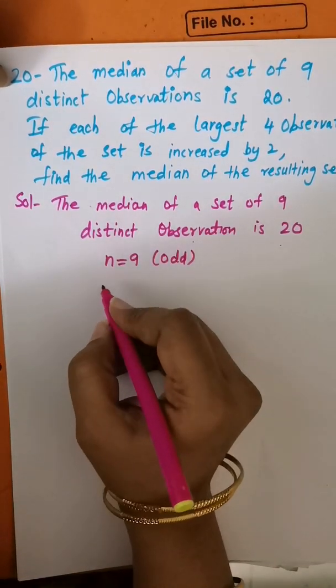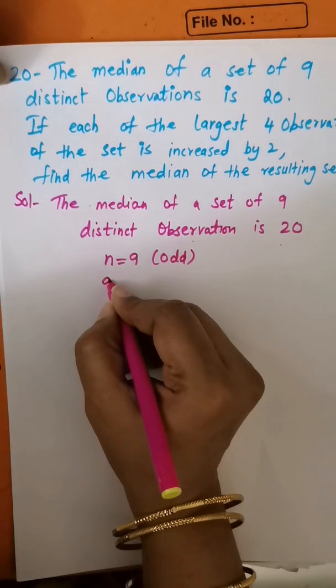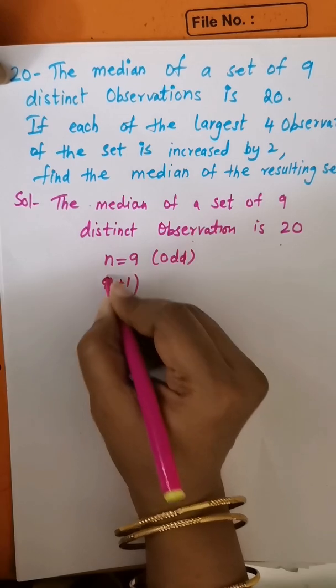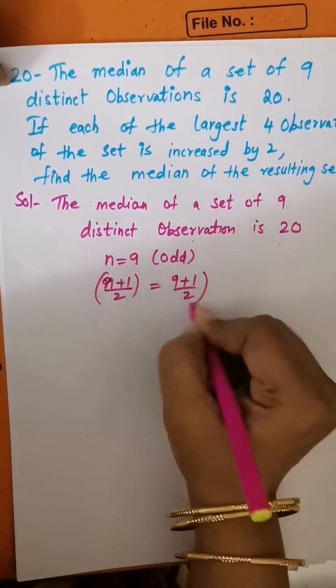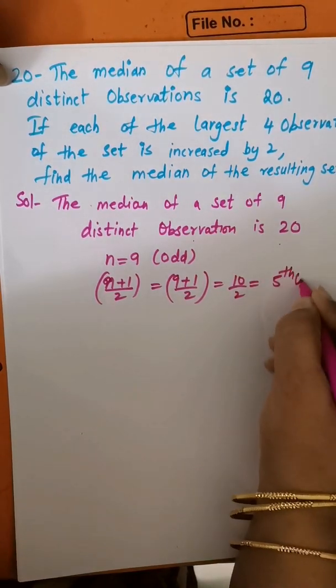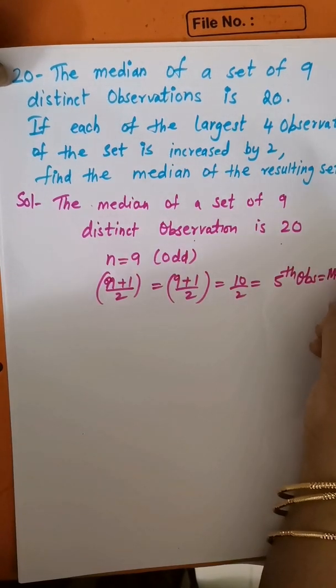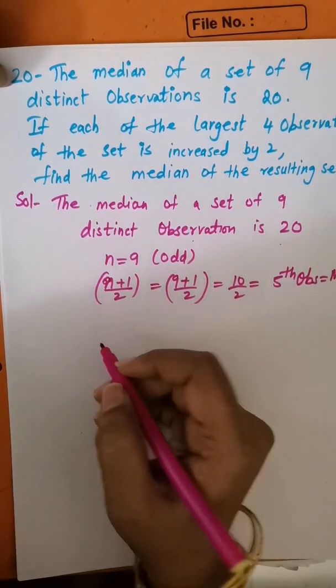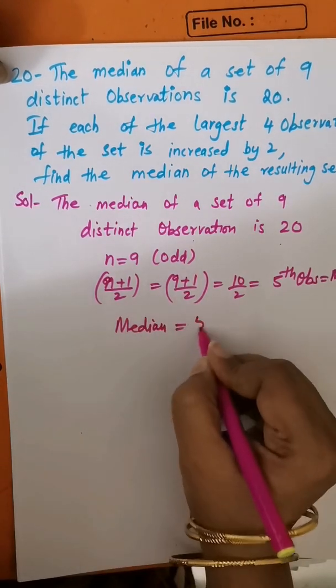Which one will be the median? (N plus 1) by 2. That is 9 plus 1 by 2, that is 10 by 2. That is, the fifth observation will be the median.